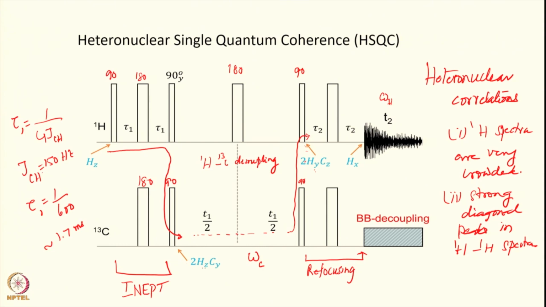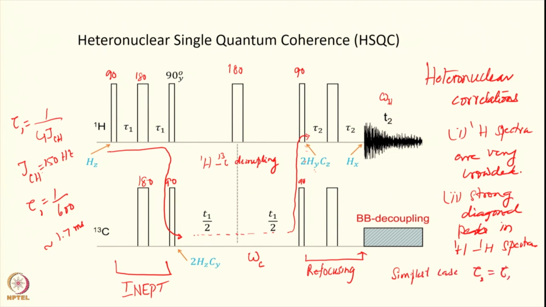The magnetization remains as 2HZCY, and then after frequency labeling with the frequency of the carbon during the T1 period, it goes back to the proton. In this refocusing period also, tau 2 should be roughly equal to tau 1. It need not be exactly equal, there are other advantages of having tau 2 not equal to tau 1, but in the simplest case tau 2 can be equal to tau 1.